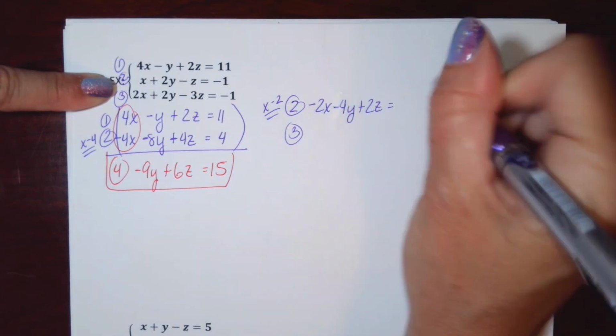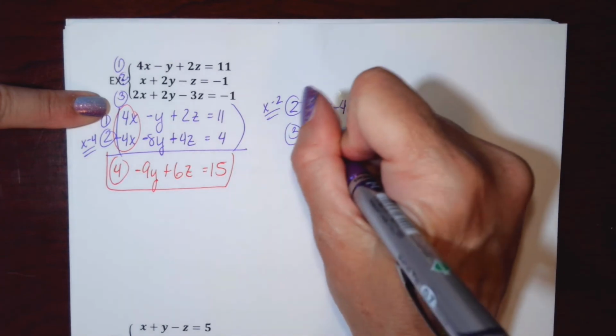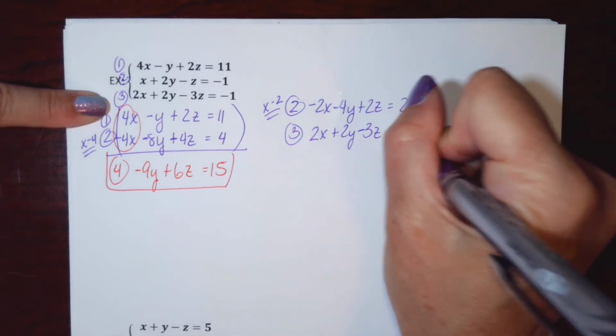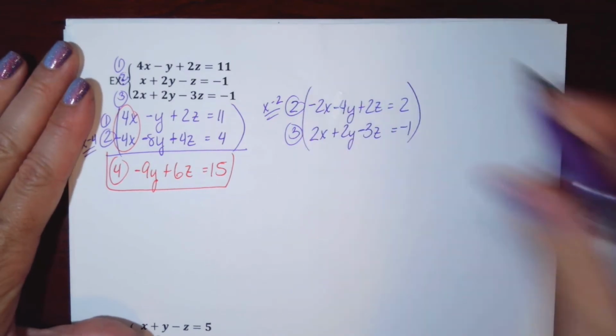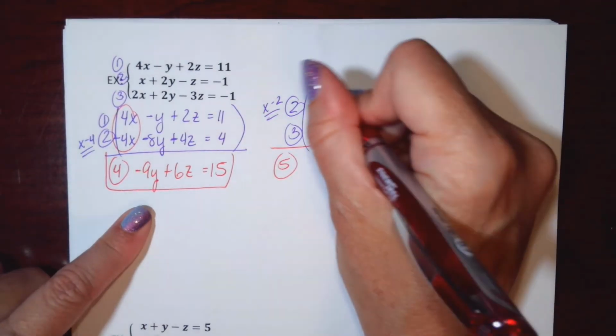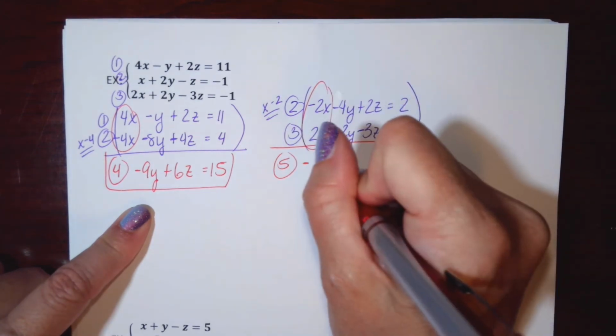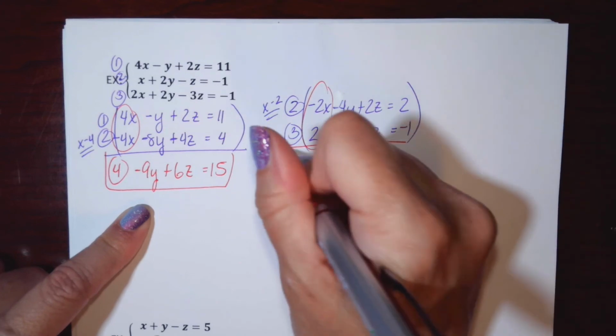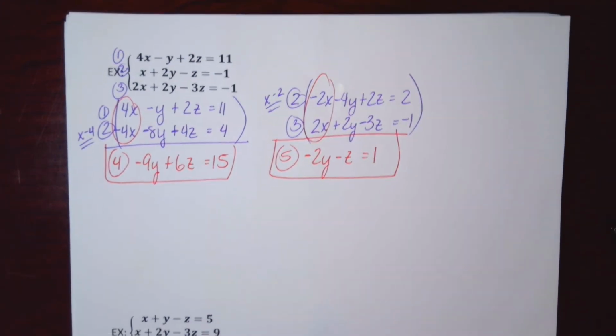Negative 2 times negative 1 is positive 2. The 3 I'm just going to copy down as is, as it was given to me. And that allows me to create my fifth equation. X's add to 0, negative 2y minus z equals 1. And let's hope I haven't made a mistake that I did not catch.